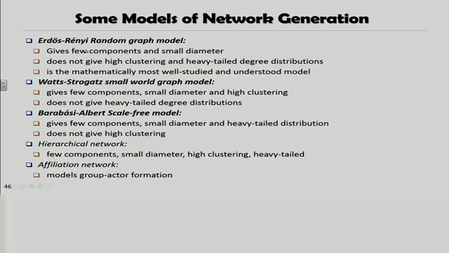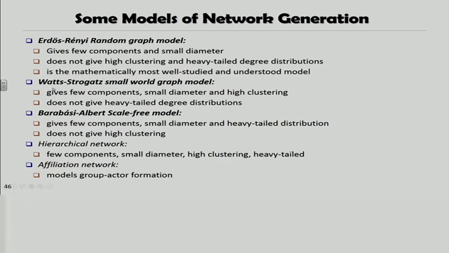Theoretically, even now in physics or in certain mathematics journals, they still study the random graph model, assuming the underlying mathematical model is random. But in real networks this is actually not the case.